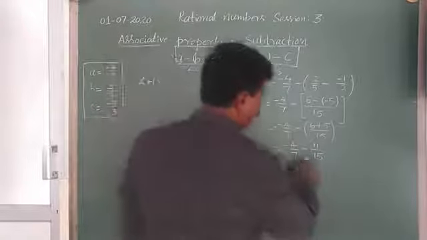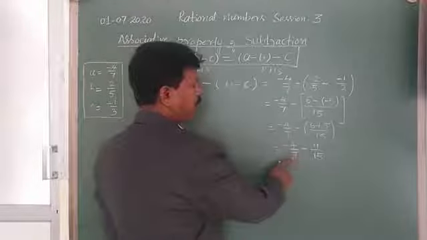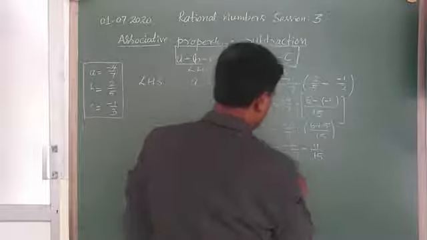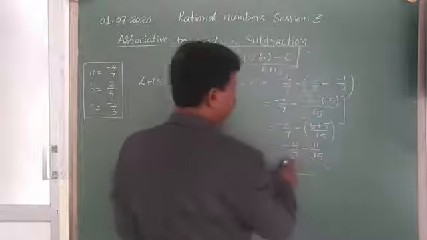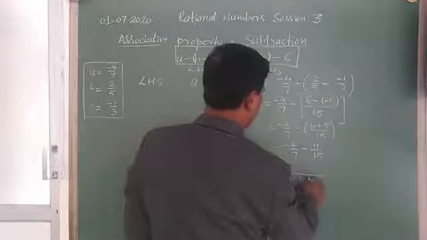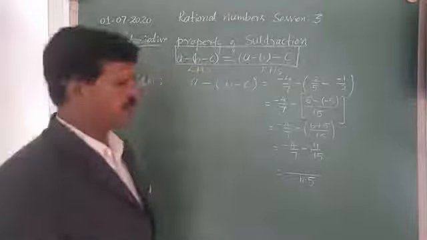Now again 15 and 7. 7 is a prime, 15 is a non-prime. So the LCM is the product. 15 sevens are 105.